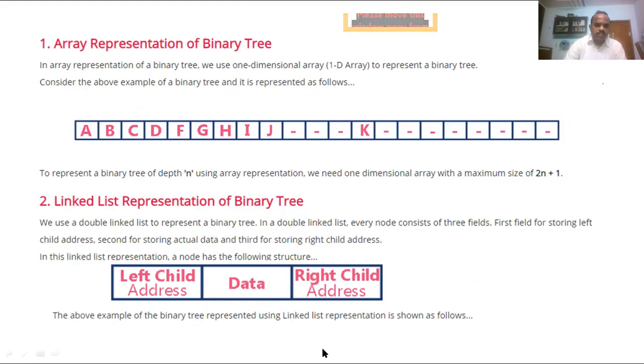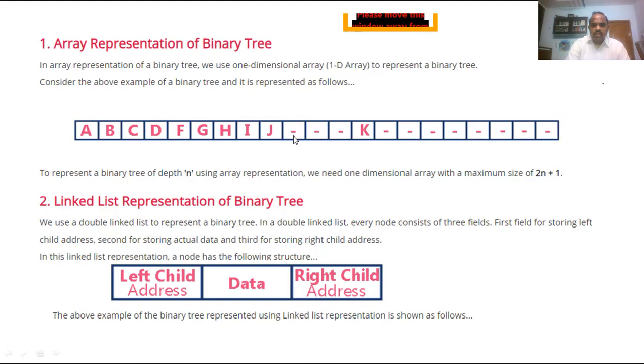In array representation of a binary tree, we use a one-dimensional array, a 1D array, to represent a binary tree. Consider the above example of a binary tree, and it is represented as follows. Here A, B, C, D, F, G, H, I, J, then K. These are all the nodes, each node assigned into each block.